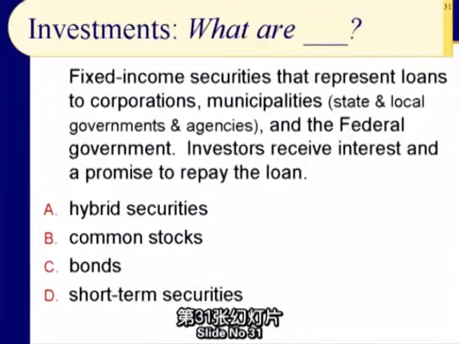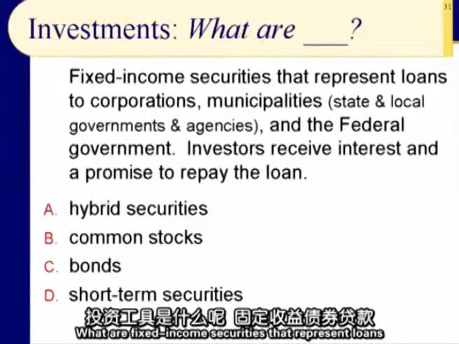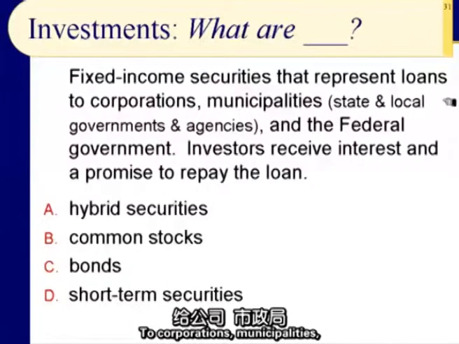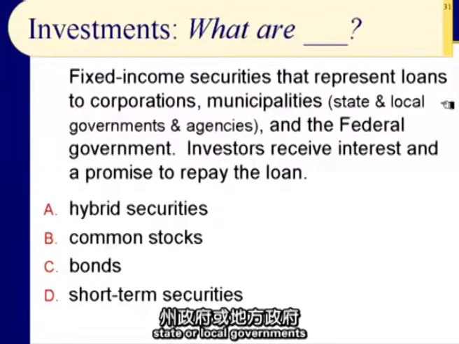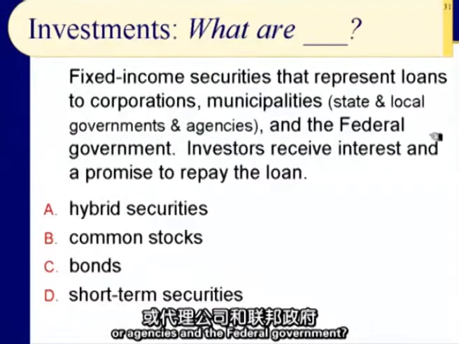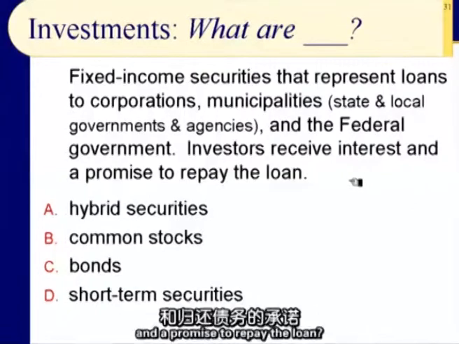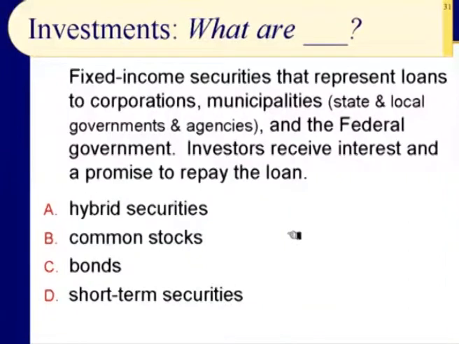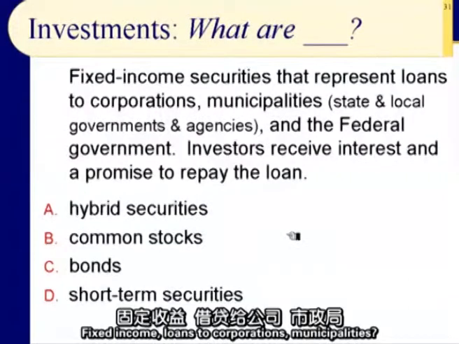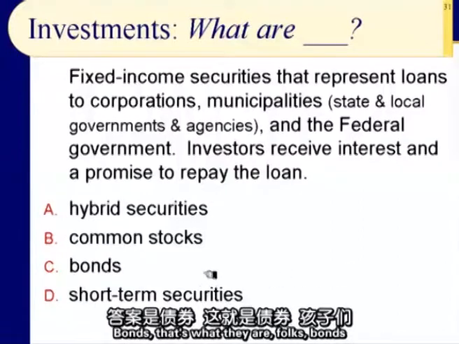Slide number 31. What are fixed income securities that represent loans to corporations, municipalities, state or local governments and agencies, and the federal government? Investors receive interest and a promise to repay the loan. Fixed income loans to corporations, municipalities, bonds.